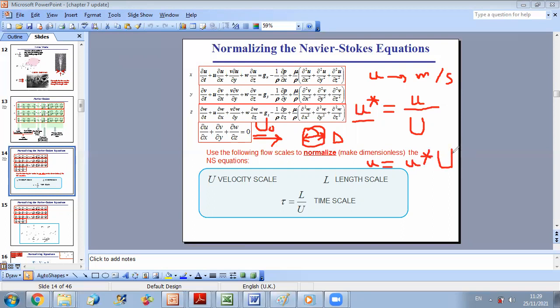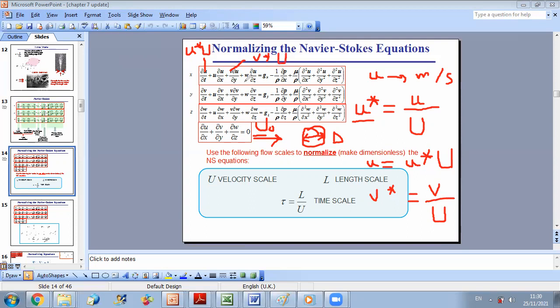Okay, so in this case, I can replace, as we said, in this equation u by u star times big U. And for example, if I have V, I can define V star equal to V over U also. So I can normalize all velocities by the upstream velocity. So I can replace here V by V star times U. Okay.